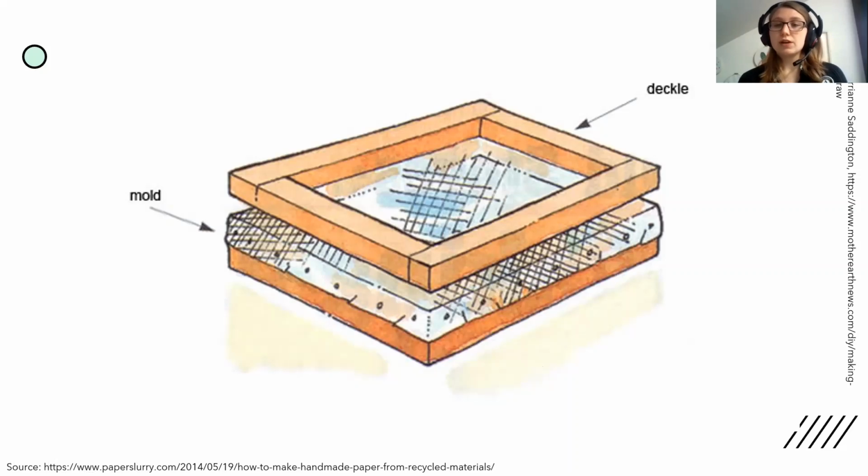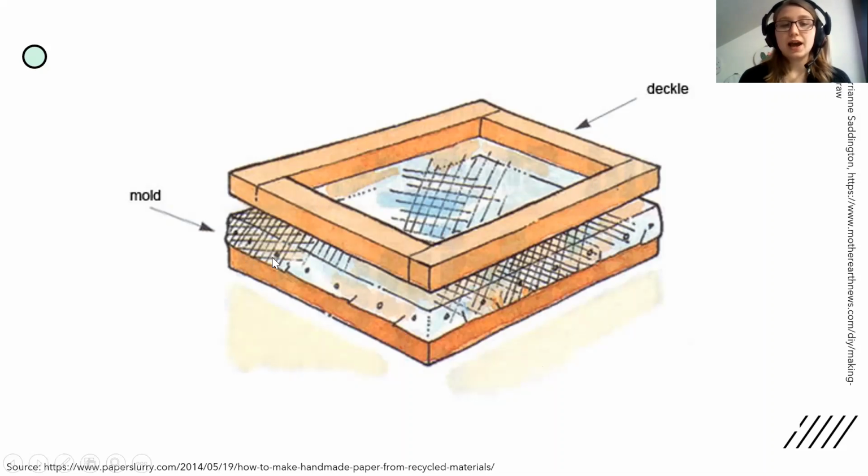The most basic one you can do is to take two picture frames of the same size that are not curved on the edges. They have to be flat. For both of them, you'll take out the glass and such so that you just have the wooden frame. And then on one of them, you'll staple a window screen to it.